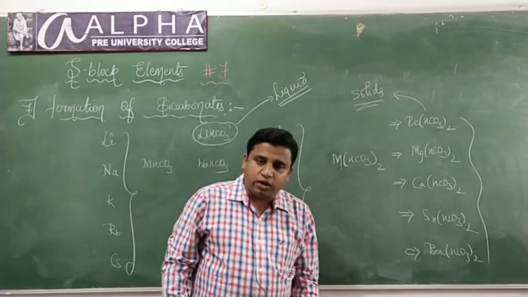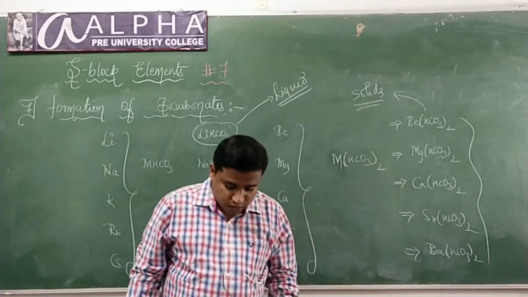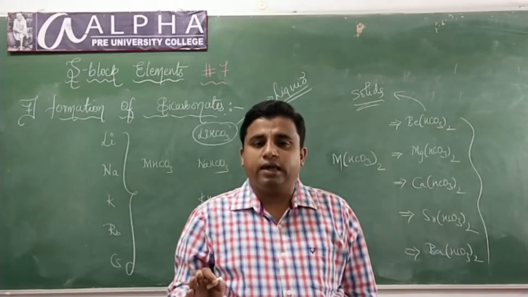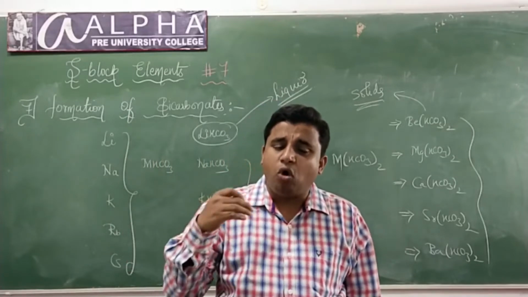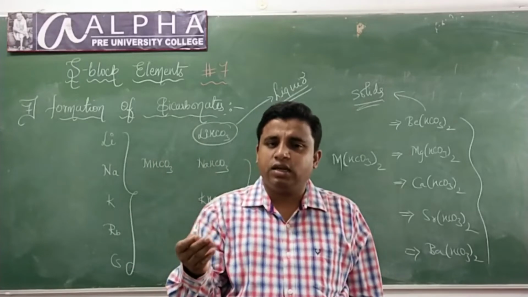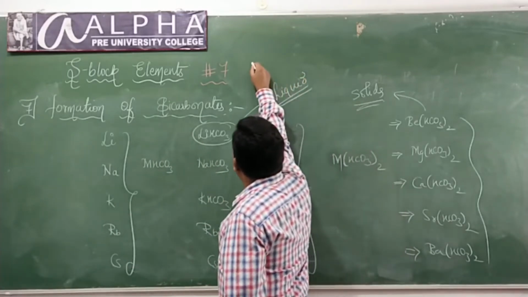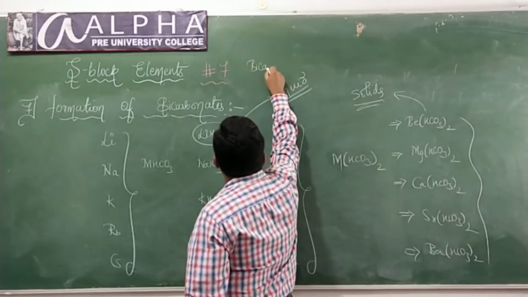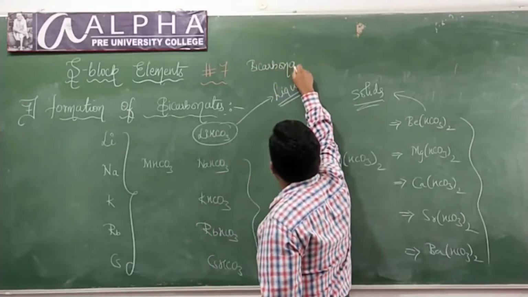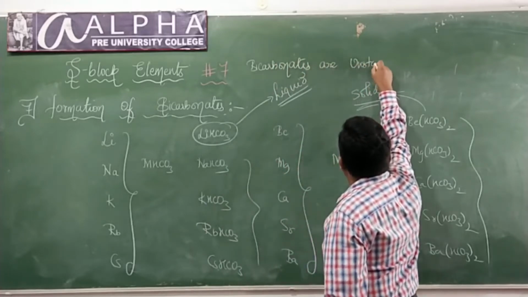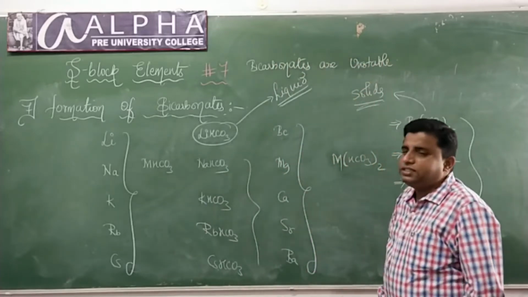When I was talking about carbonates, I told you that carbonates are very stable, and decompose only above 1000 degrees centigrade. Unlike carbonates, bicarbonates are unstable.